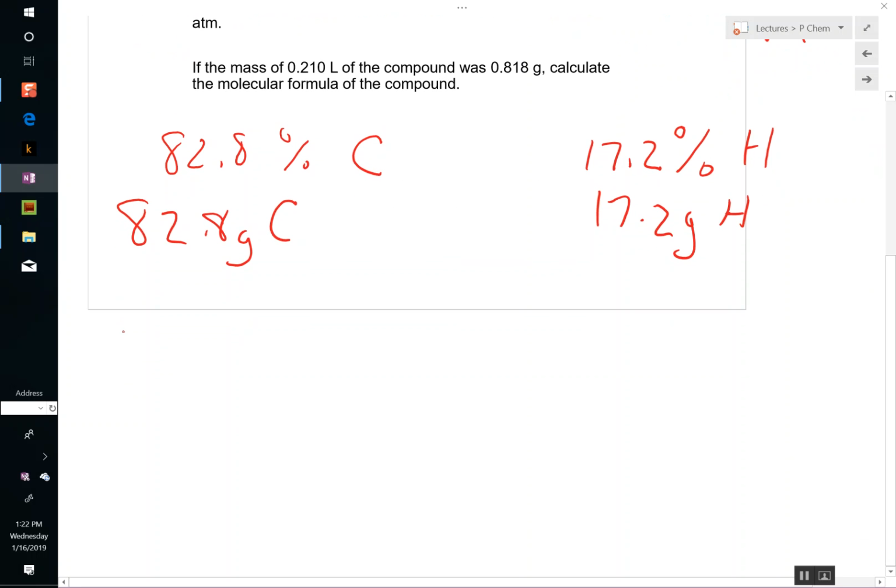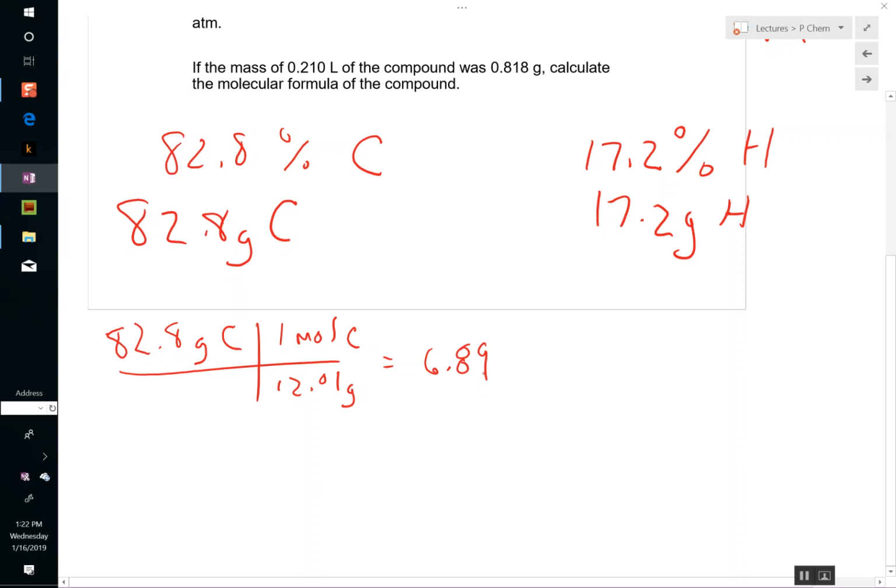So how many moles of carbon is this? 6.9. Give me three significant figures. 6.893, we can round that off to 6.89.